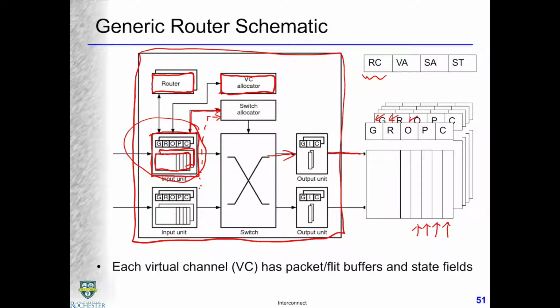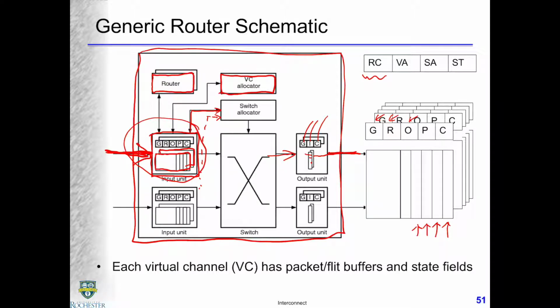So the information that gets replicated a little bit is credit and global state, stuff like that. But for the most part, we don't need a buffer. We'll talk about that. But most of the buffer is really just a driver. So the information comes in here, and then gets driven onto the wire, so that it is arriving at the next router and going into a specific set of buffers.